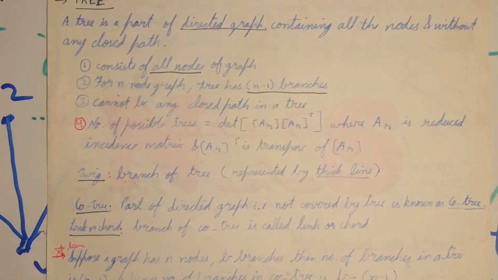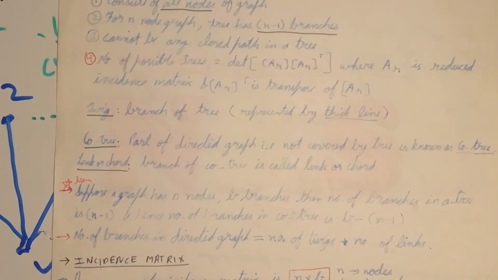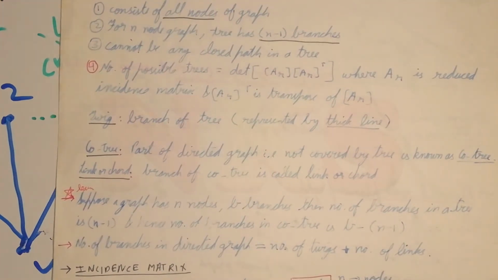It is visible, so you can take the screenshot. Simple, all that I have explained is written. And always remember this formula: b minus n plus 1, and the number of branches in a directed graph is equal to twigs plus links. That is understood. So that is the whole basic discussion. Now we will move to the incidence matrix.